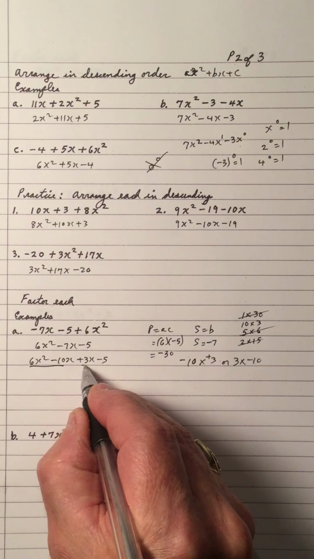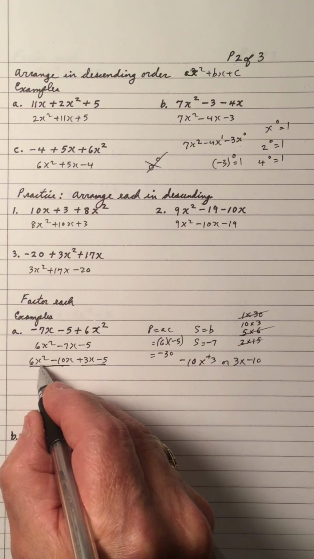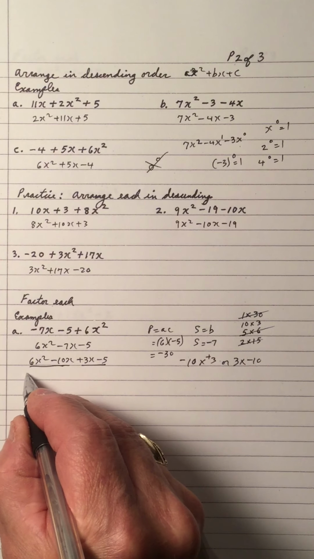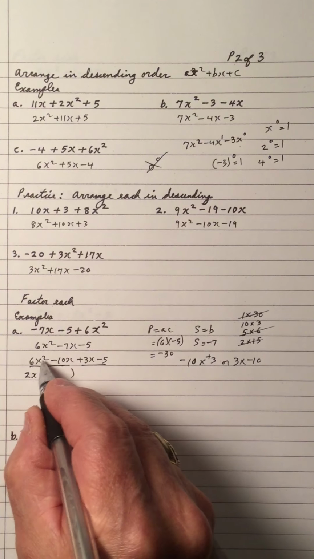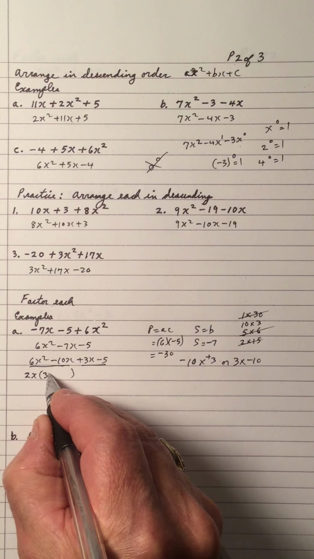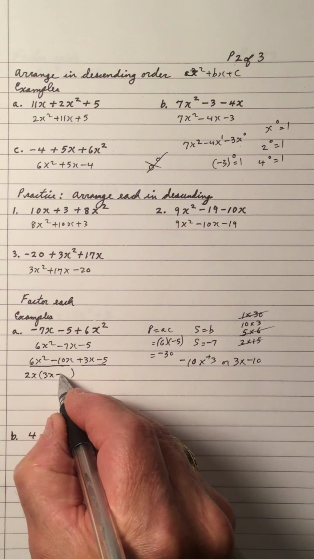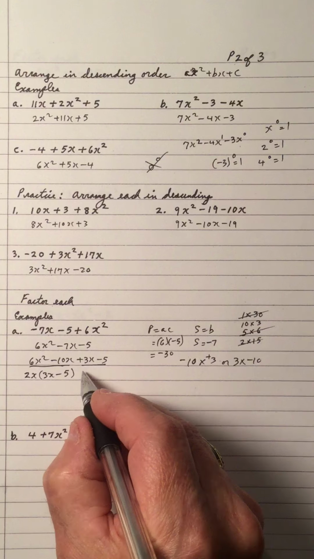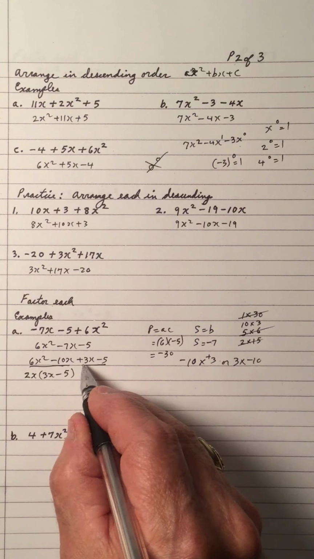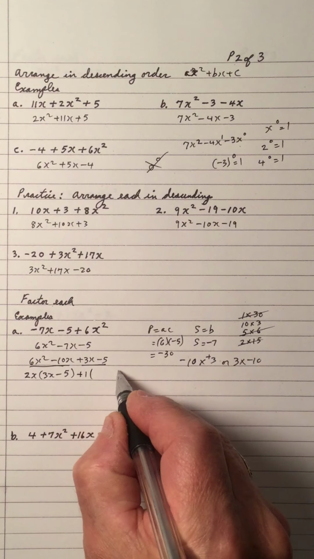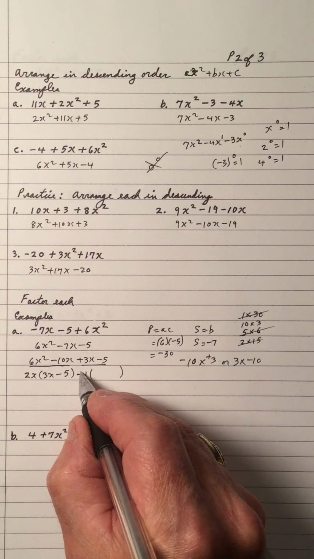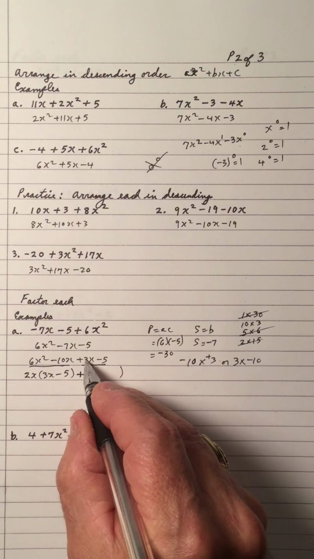So we break them up into two pairs, and I see 6 and 10 have a 2 as a GCF and an x. So 6x squared divided by 2x is 3x. Negative 10 divided by 2x is negative 5. And I see no GCF here, nothing common, but there's always a 1. Don't forget, 3 is prime.